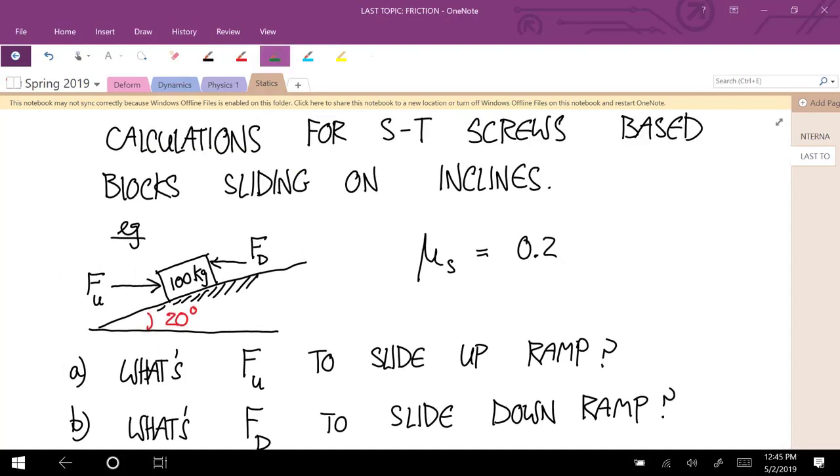The one that we always use for these has the y-axis pointing straight out of the surface, and then the x-axis is parallel to the surface. And notice that these forces FU and FD, I'm setting them up to be horizontal. Okay, that makes the calculations a little bit more of a nuisance, but I'm going to do it anyways.